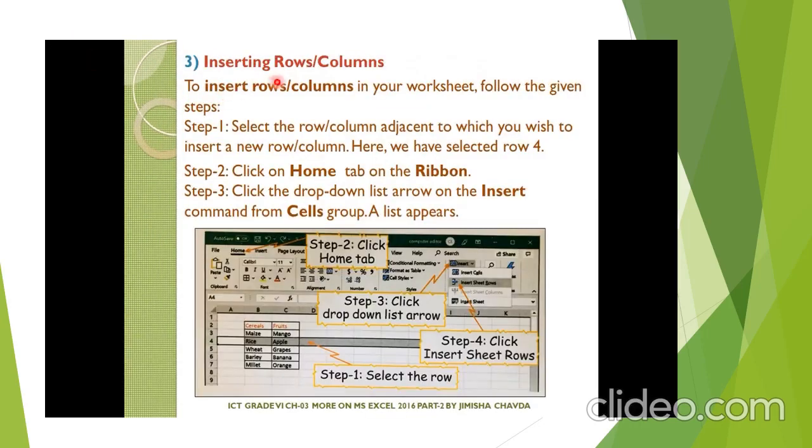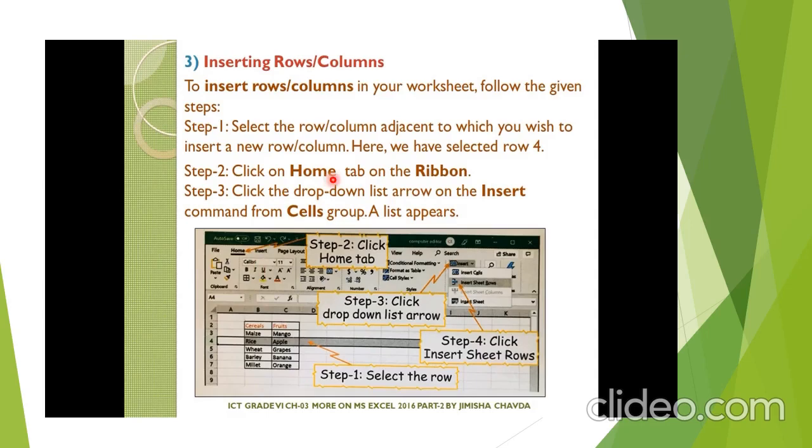Talking about inserting rows, like complete rows. Okay, so for that select the row or column edges to which you wish to insert the rows or columns. You can see I have selected the fourth. Okay, here I want to add a complete new row, like between this I want to add one new data. So for that I have added the rows.